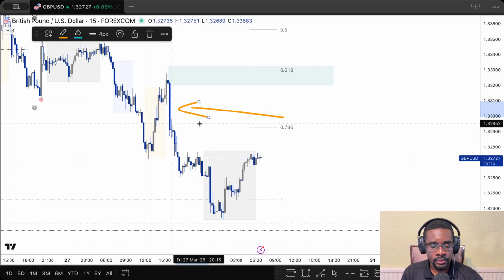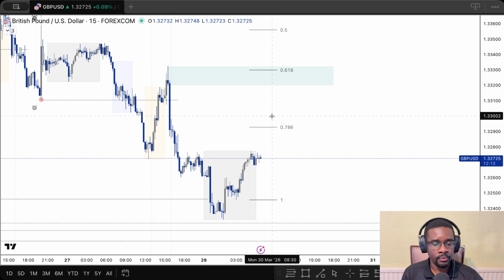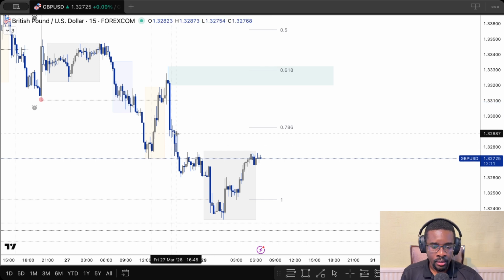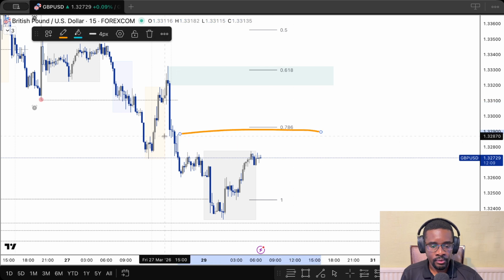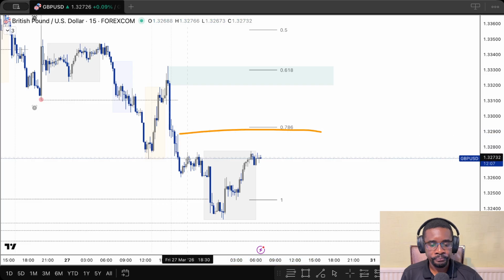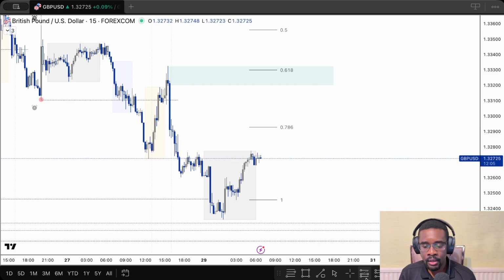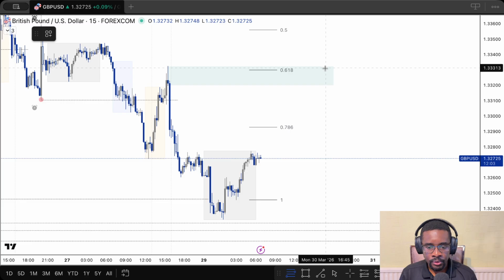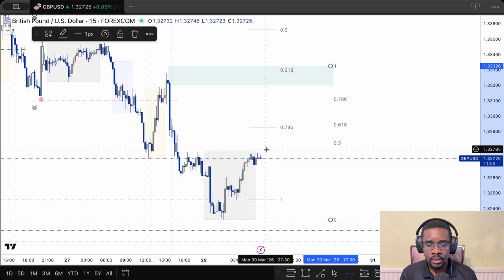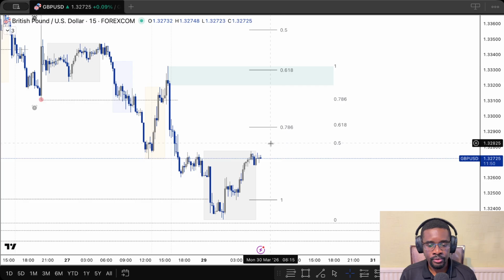Now will price come in and fill all of that? We don't know. We do have a level of fractal structure right there. So what could happen is, let's see, our premium discount. Price hasn't mitigated our equilibrium as of yet.